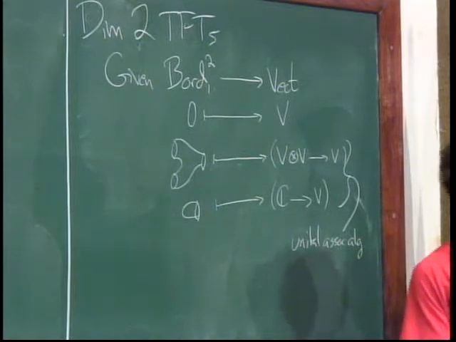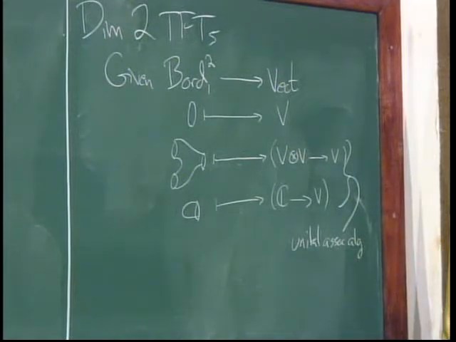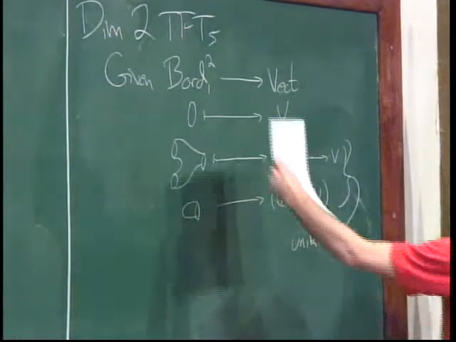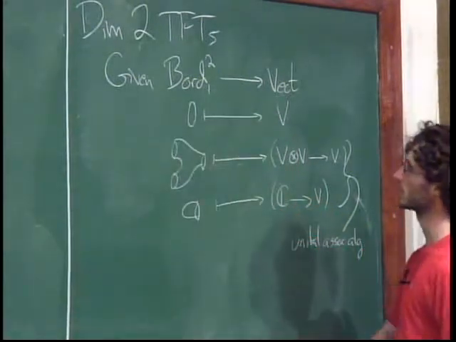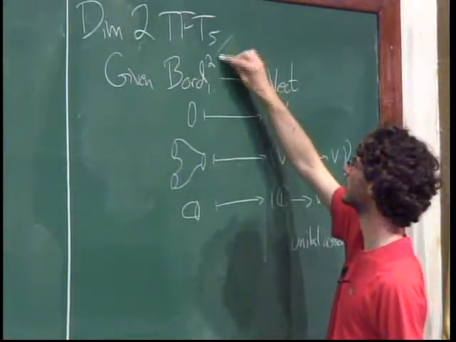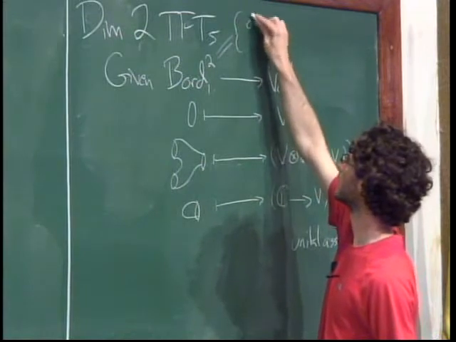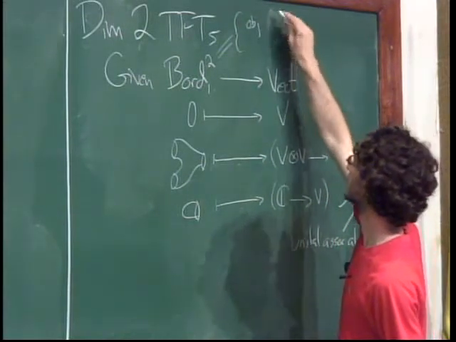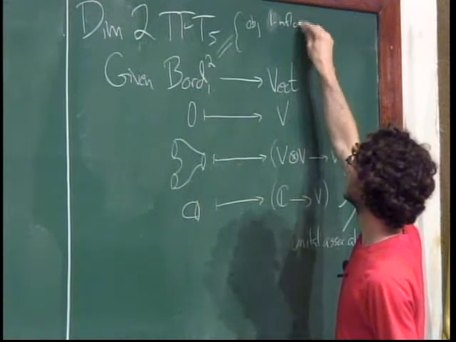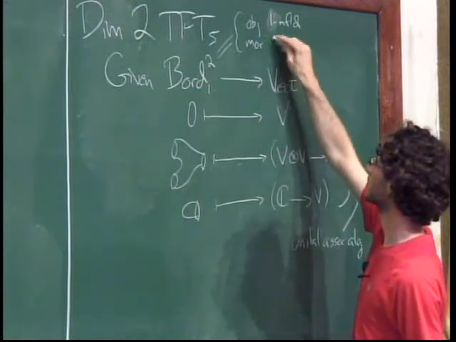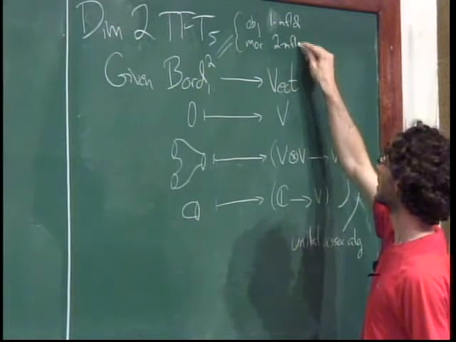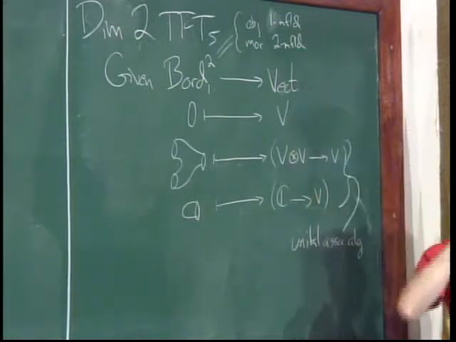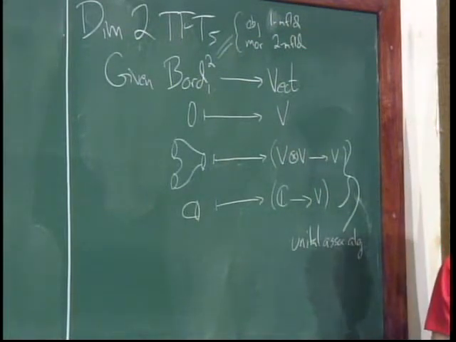algebra. It occurs to me that maybe I should have been a little more precise when I wrote down the definition of the Bordism category in the first place. I said the objects are (d-1)-manifolds, so here one-manifolds, and I said the morphisms are two-manifolds, but really I wanted to mod out by some equivalence relation on the two-manifolds.